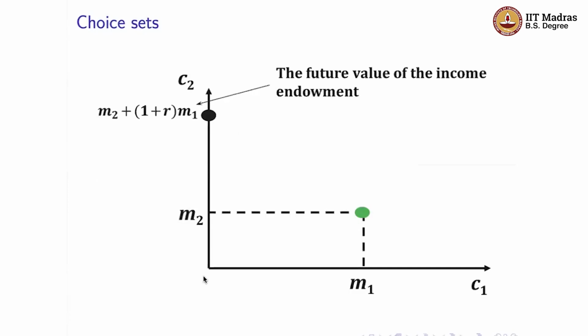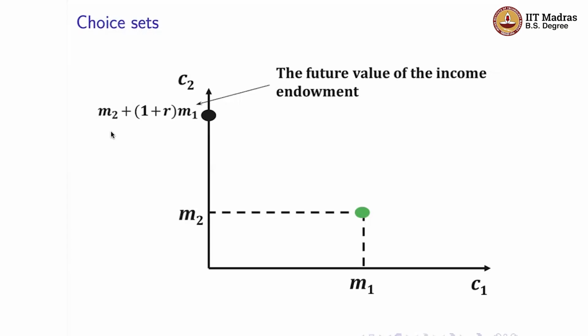So you can actually plot this. This would correspond to C1 equal to 0 and C2 equal to M2 plus (1 plus R) M1. Notice that this M2 plus (1 plus R) M1 has a special meaning, and we can use the notion of future value that we have discussed before to think about it. This is the future value of your income stream, where you are getting M1 in the first period and M2 in the second period.